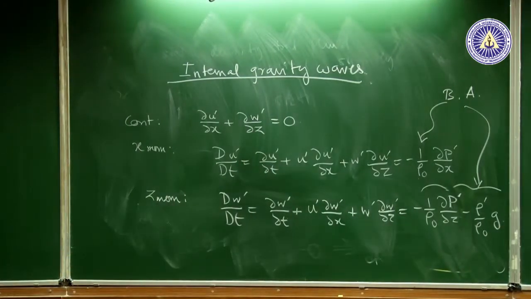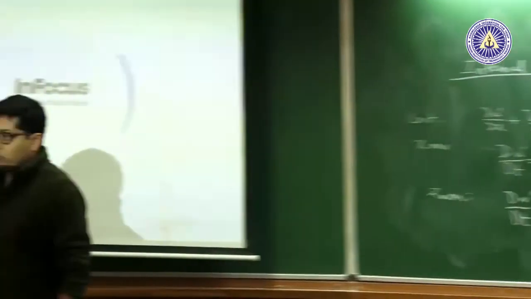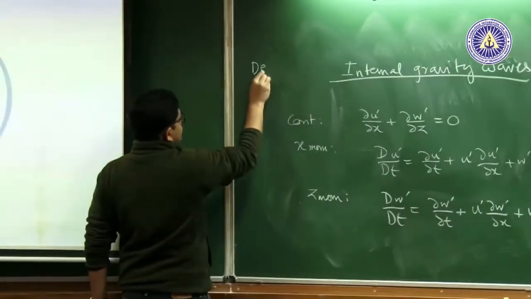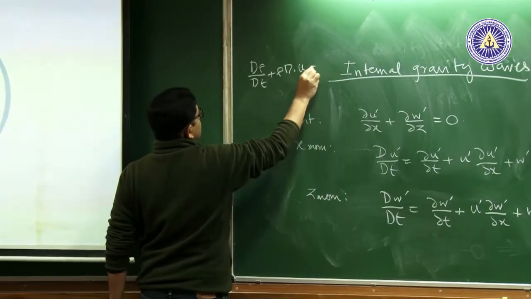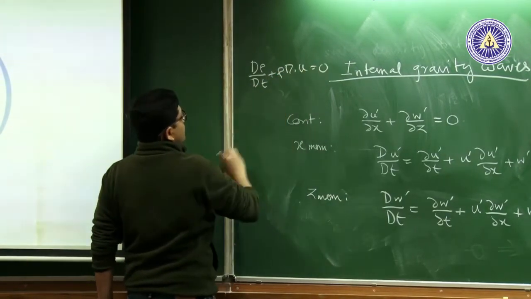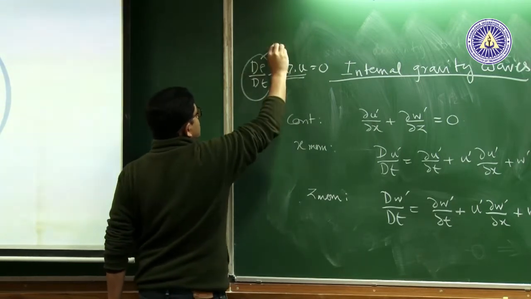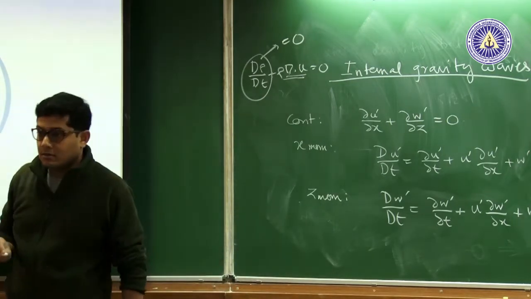So, continuity, x momentum, z momentum, and there was another thing which I just mentioned. Remember that the continuity equation is divided into two parts, d rho dt plus rho divergence of u is 0. So, this one goes to 0 because density is materially conserved.